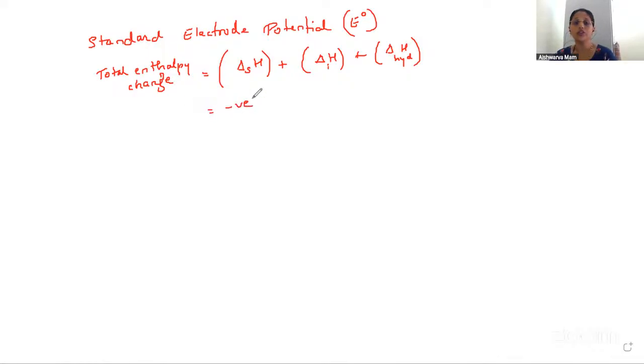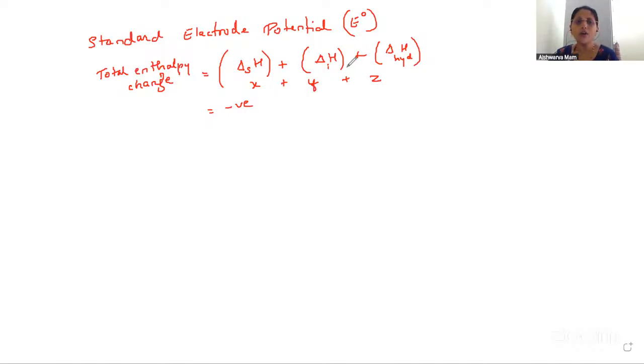Let me repeat, let me call it x plus y plus z. X is nothing but enthalpy of sublimation, y is enthalpy of ionization or ionization enthalpy, and delta H hyd is nothing but enthalpy of hydration.